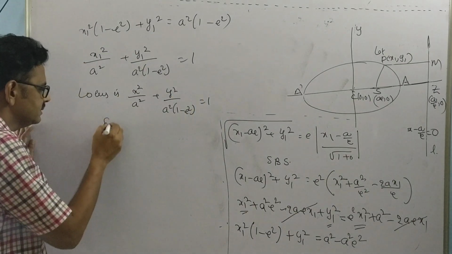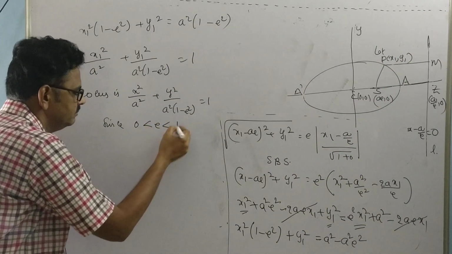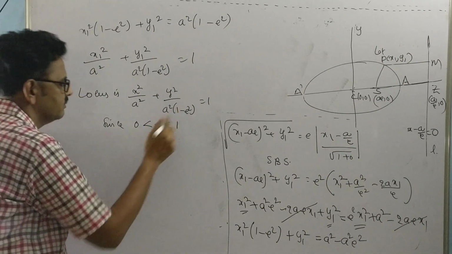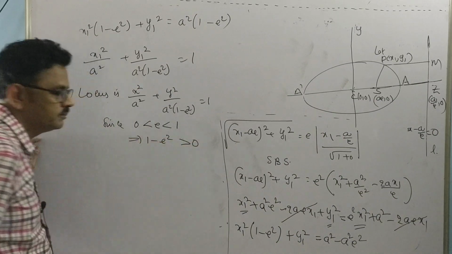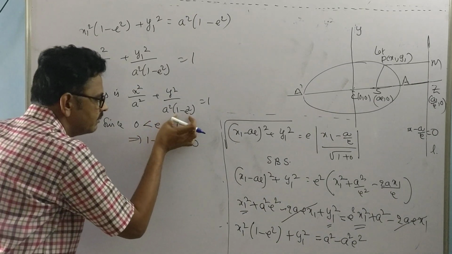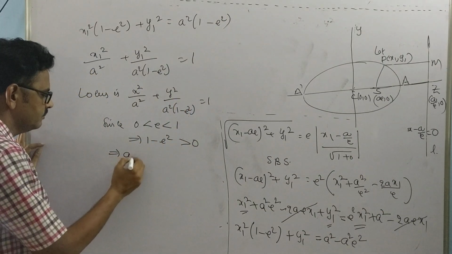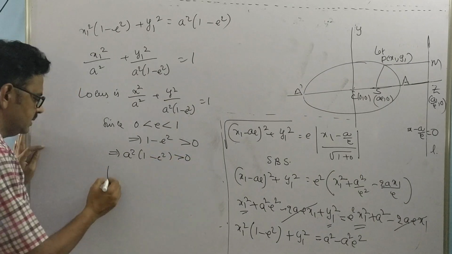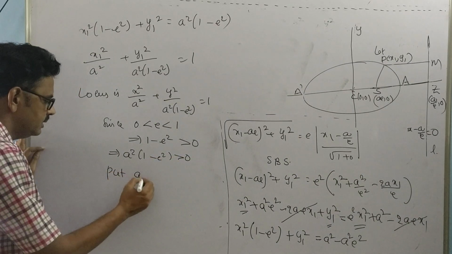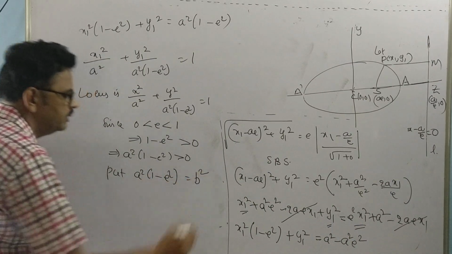And since 0 less than e less than 1, that is e less than 1 implies 1 minus e square is positive. A square into 1 minus e square is also positive. 1 minus e square is greater than 0. So that's why you put a square into 1 minus e square equal to b square.